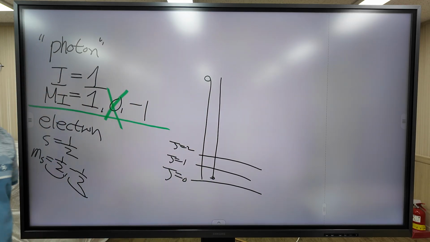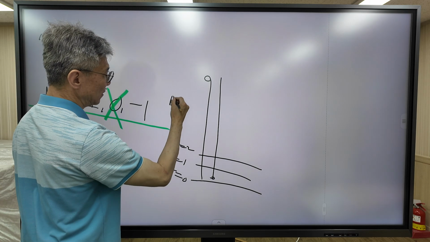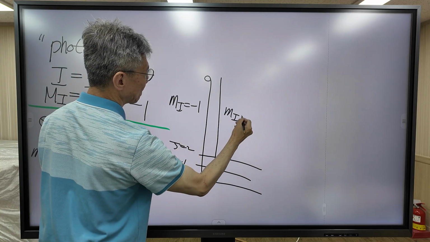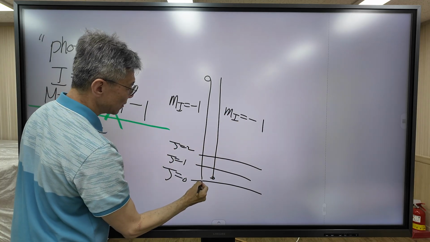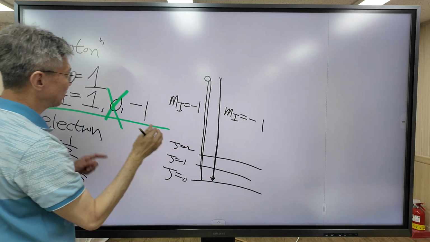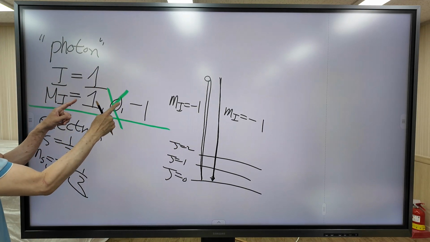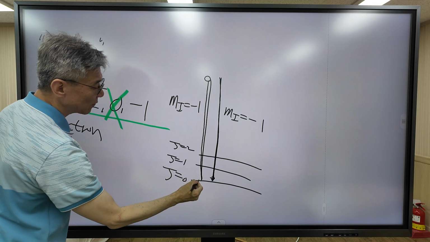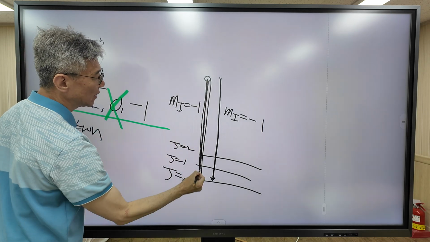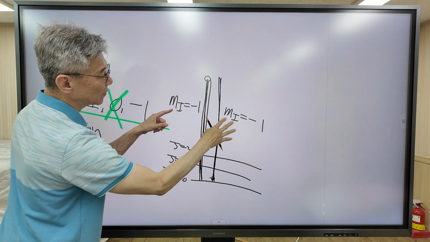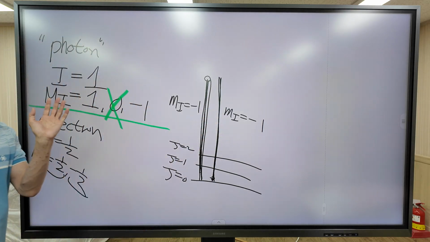First, this process is a Rayleigh scattering. In Rayleigh scattering, this is the incoming photon, this is the outgoing photon. As I said before, photon has either 1 or minus 1. So the incoming quantum state is minus 1, outgoing quantum state is minus 1. So in terms of photon, the angular momentum does not change.